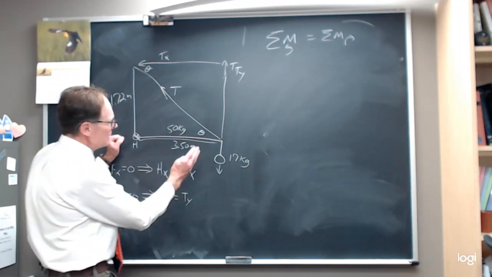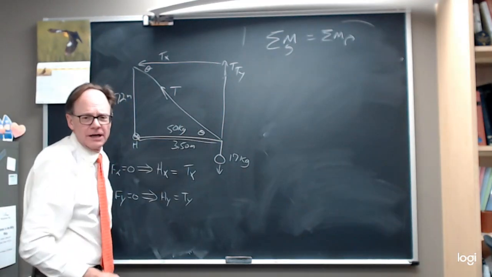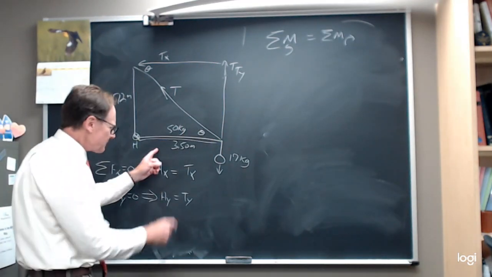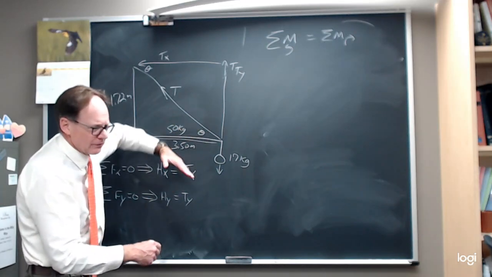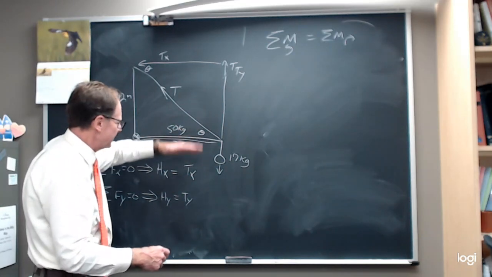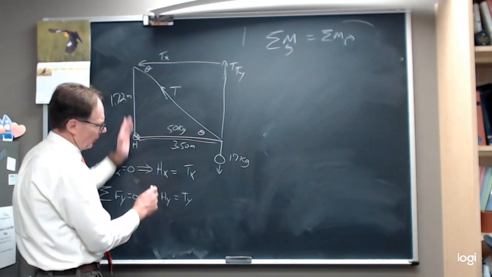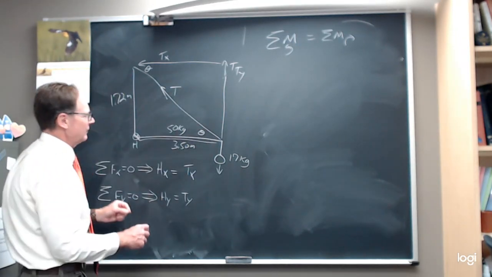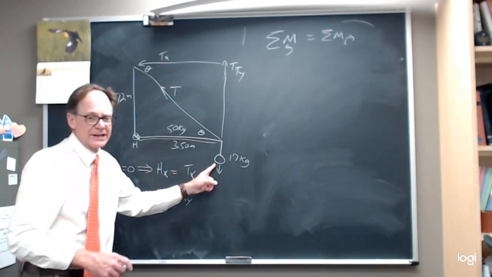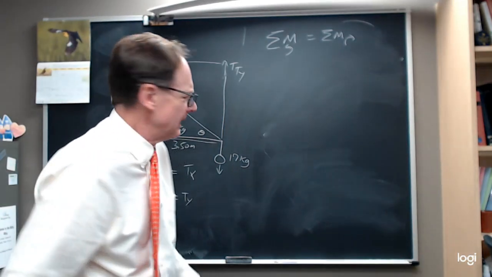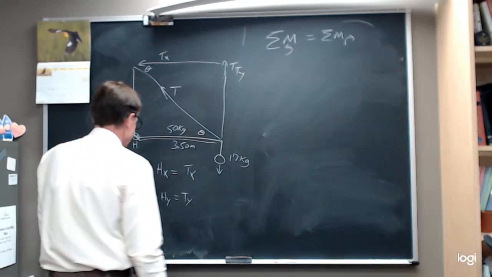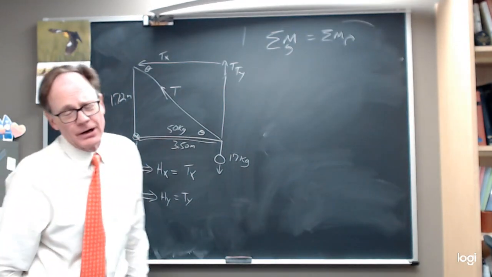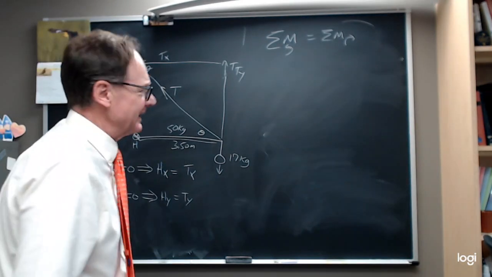But the tension also pulls up on the beam, and it keeps the beam from sagging down and rotating down this direction or falling. And so there's a hinge force there in the y direction, and there's a tension in the y direction, and there's the weight of the beam, and there's the weight of this bag of goodies that's trying to pull this thing down. So we set up our usual statics equations here.